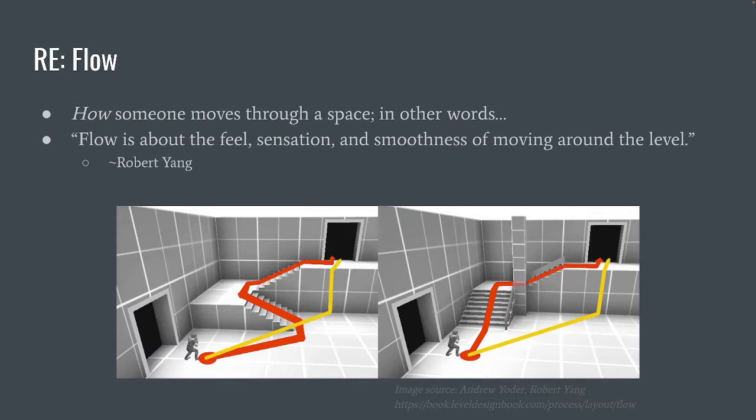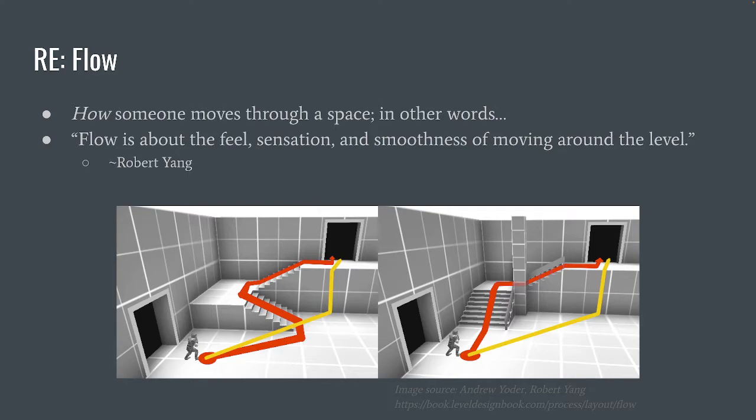It's like, oh, I want to go there, but how do I get there? In the image on the left, the red line is the path that the player has to take. That flow is not good. There are basically two 180-degree turns back to back. So the player is having to look around and move around in these very drastically different directions. And generally it's not a good experience.